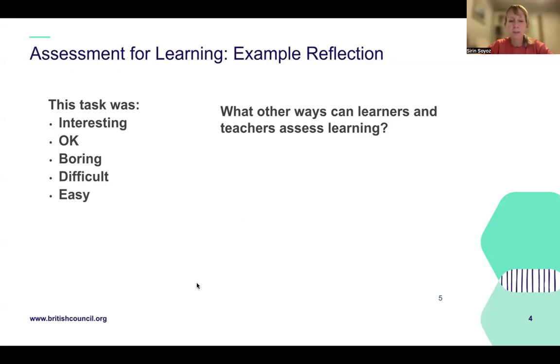Yes, please. For the emojis, for example, the happy face means that you enjoyed the task and you liked it. It was easy and you understood it. The sad one means, for example, I didn't understand the task or the things you are explaining. It was difficult, hard.